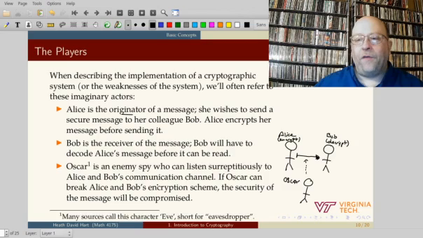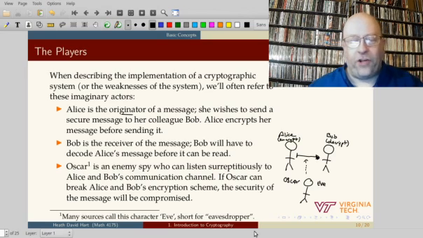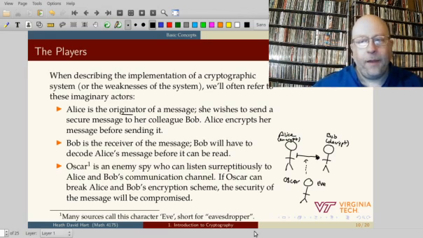If Oscar can break Alice's and Bob's encryption scheme, the security of the message will be compromised. The book that we're using uses Oscar for this role. Some books call this third person Eve, which is short for eavesdropper. It is somebody who is able to observe the channel and possibly alter what's going on that channel. And is somebody that we do not want to have access to our message.